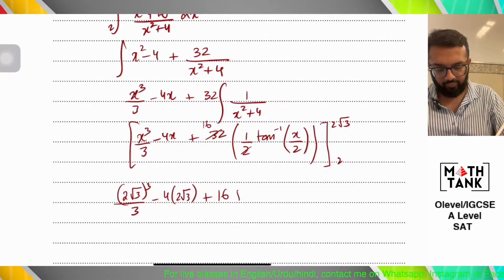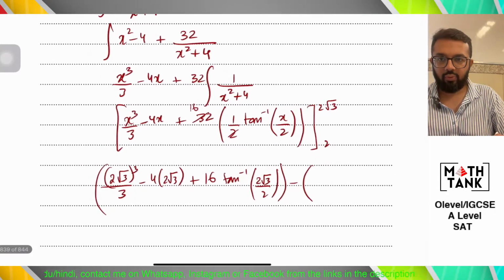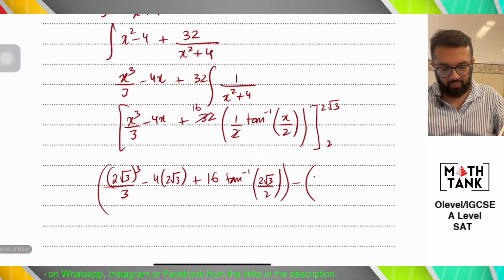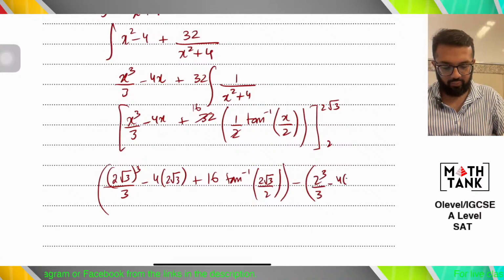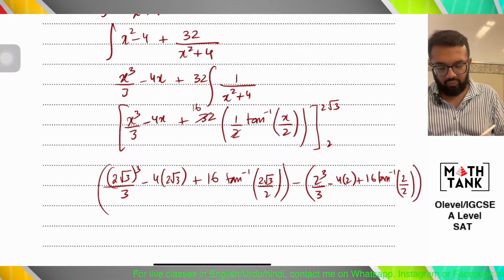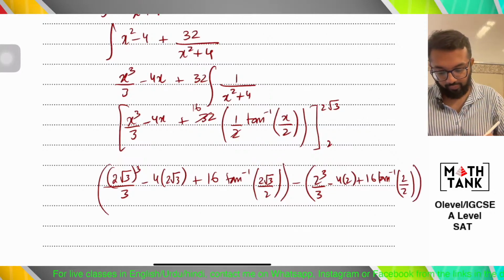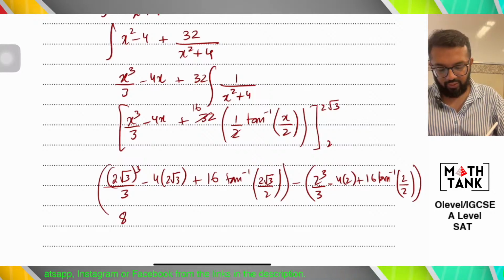Sixteen, and 2 cubed over 3. So that becomes 8 into 3, 24 root 3.